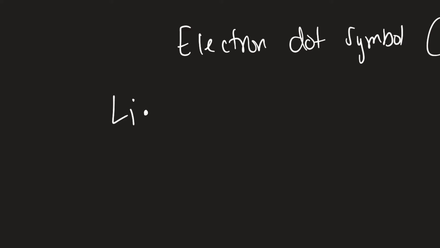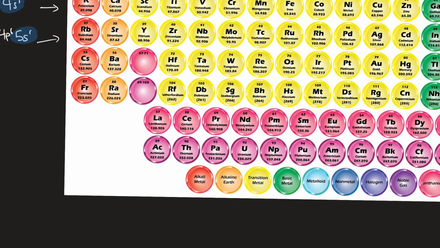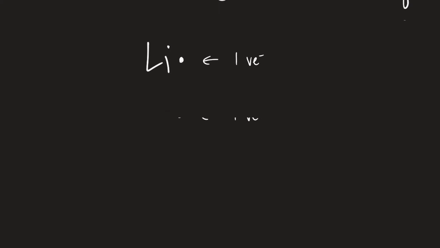That's it, to show the fact that it only has one valence electron. Okay, let's move on over. Let's look at beryllium. Here we see there are two valence electrons, so I'm going to write beryllium and draw its two valence electrons.